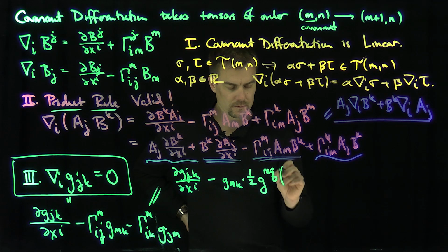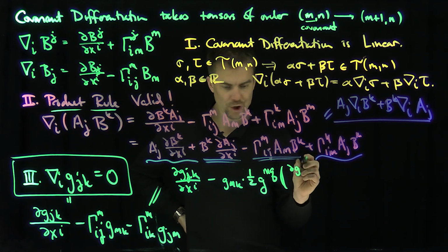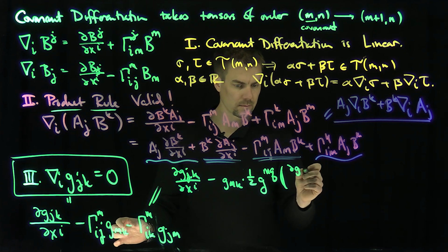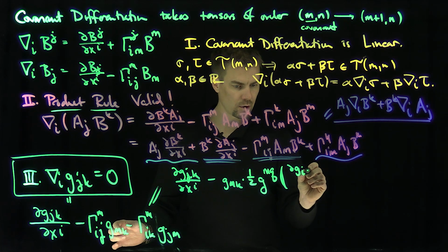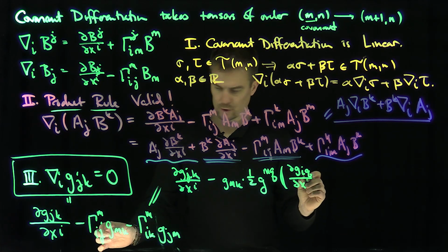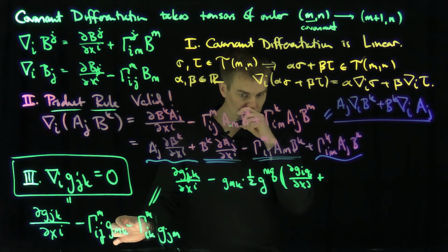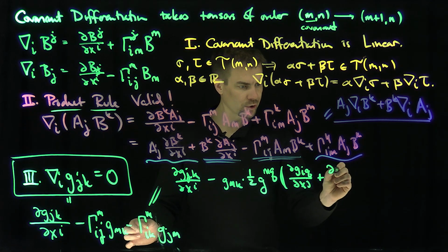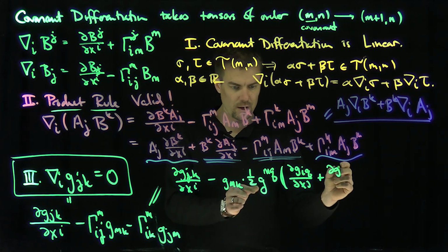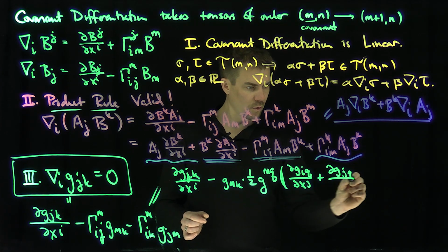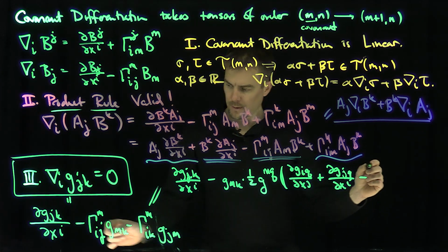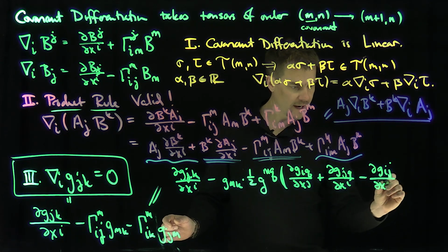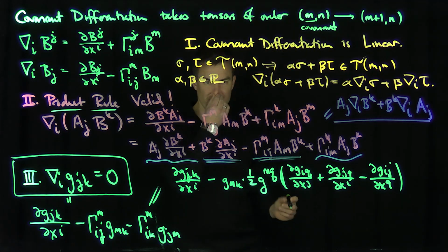And then partial g_iq with respect to x^j, plus partial g_jq partial x^i, then minus partial g_ij partial x^q, like that. That's what that Christoffel symbol is.